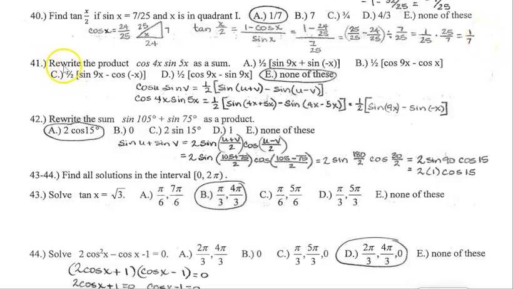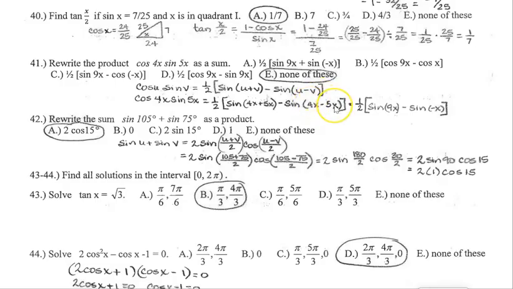All right, then 41 says rewrite the product as a sum. So we're going to look at our product to sum formulas. And for our product to sum formulas, cosine sine is equal to this formula right here. All right, so if we match this up, u is going to be 4x and v is going to be 5x. So I'm going to come over here and put 4x in for u, 5x in for v.